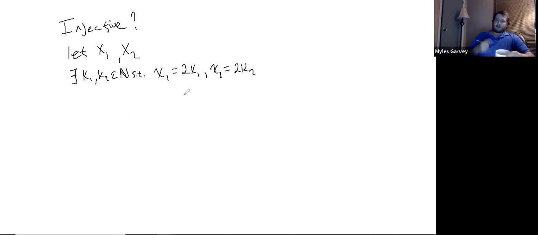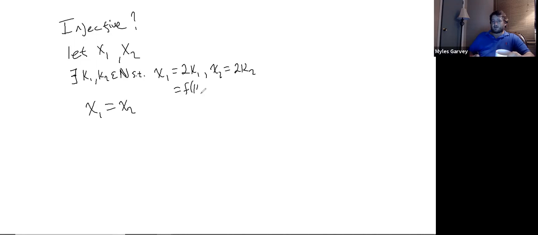Remember what we said about injectivity. It's injective if I have the two x's equal to each other, that means the two inputs into the function need to also be equal to each other.